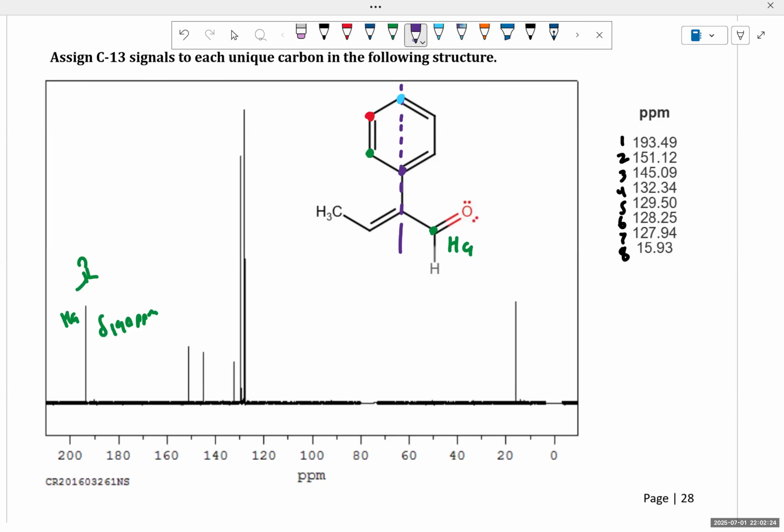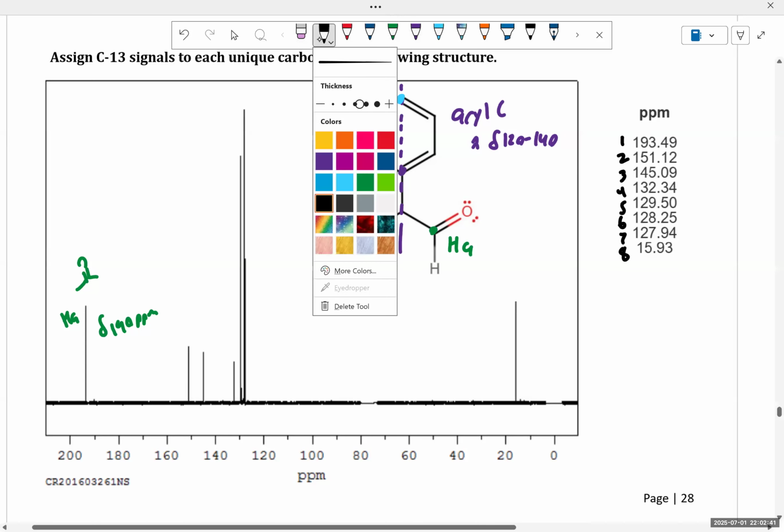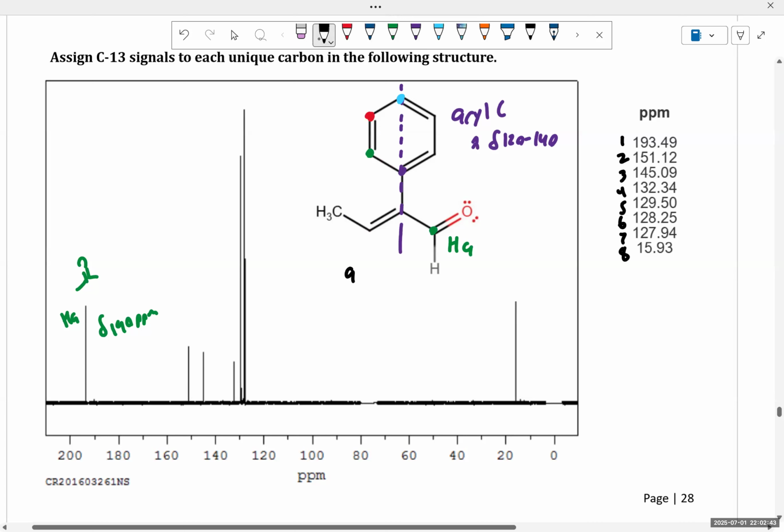Okay, so an aryl carbon will show up somewhere between the range of 120 to 140. An alkene carbon shows up around 110 to 130.